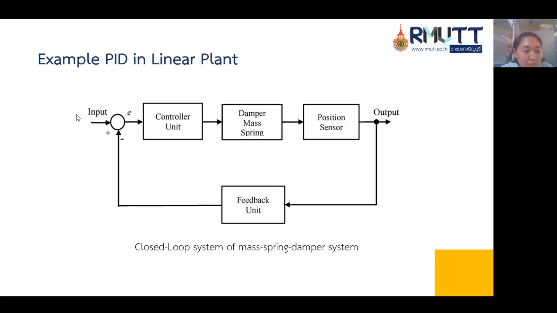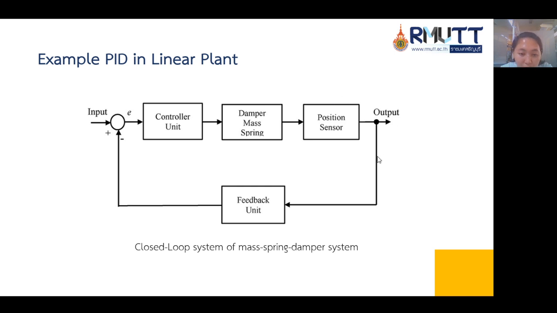From the input, there is an input that flows to the comparator. This is compared with the feedback unit, which produces an error signal that goes to the controller unit. The control unit output is given to the mass spring damper plant, and from the output of this plant it goes to the position sensor, which produces an output.